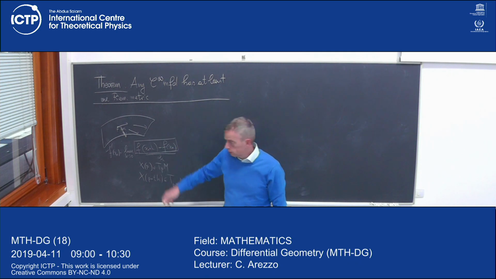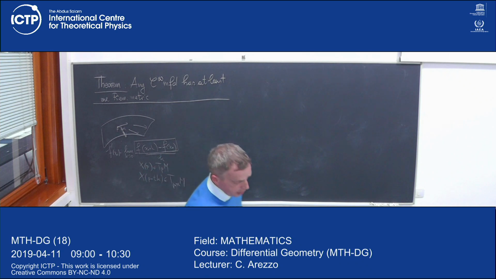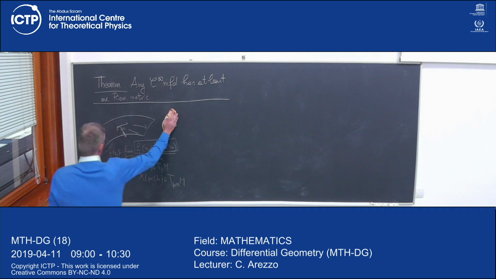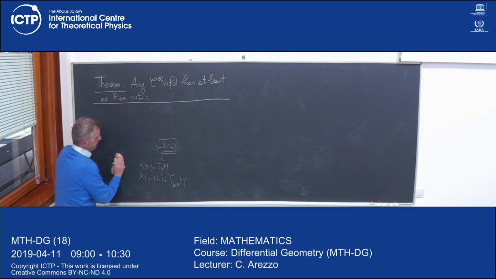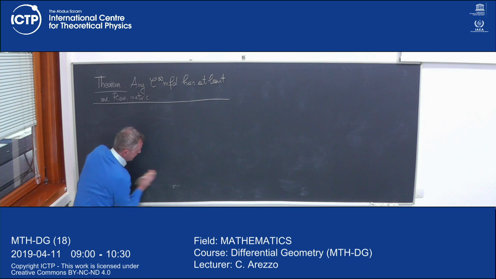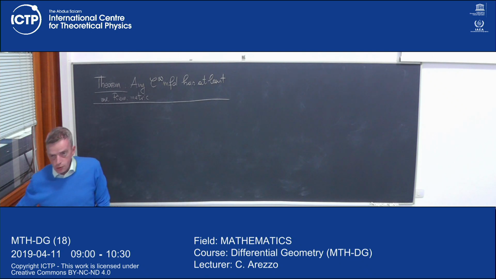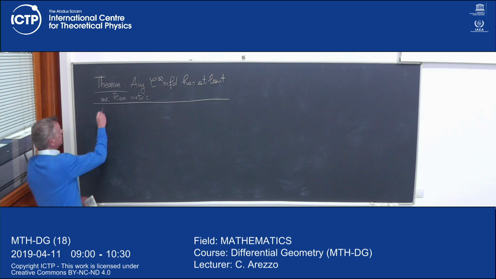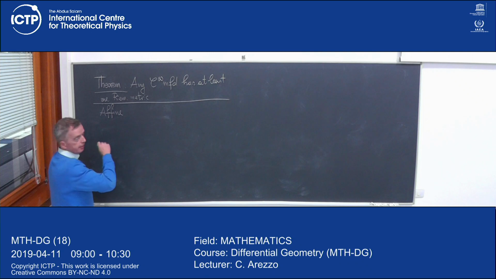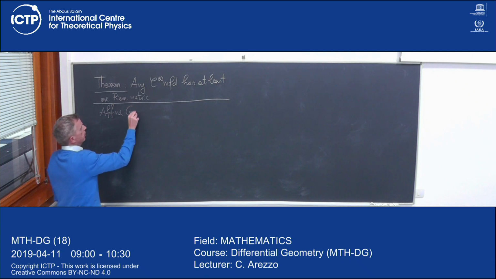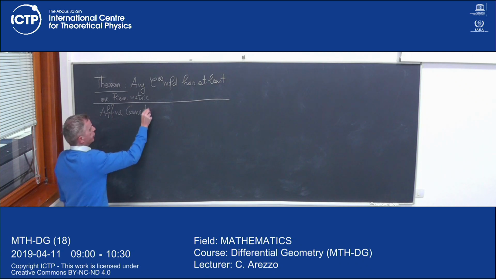Very good. Now I give you a little bit of a big answer, because the answer is a bit surprising: there is by no means a unique way to solve this problem. And anytime you solve this problem, it means you have constructed what is called an affine connection.